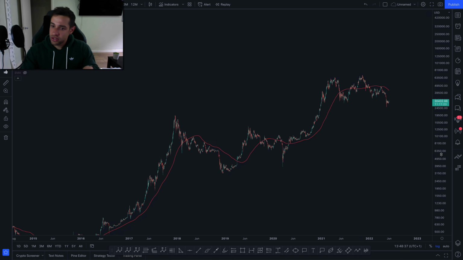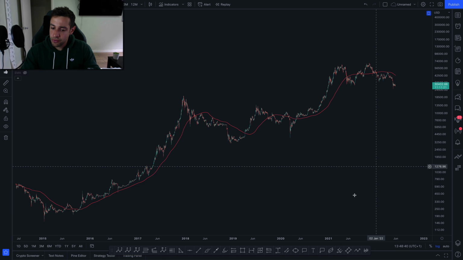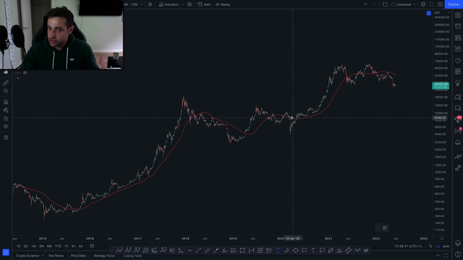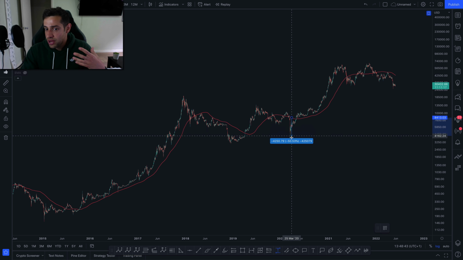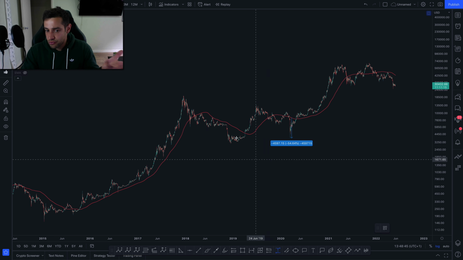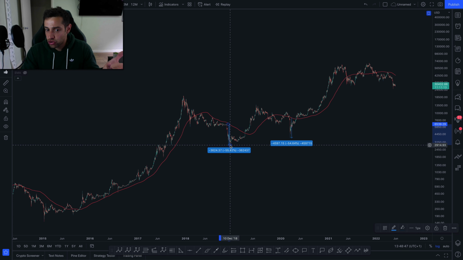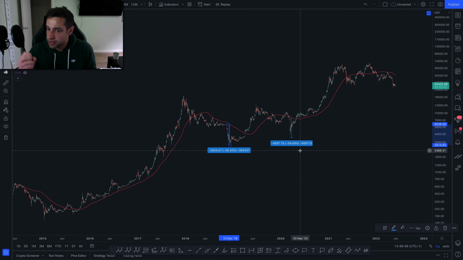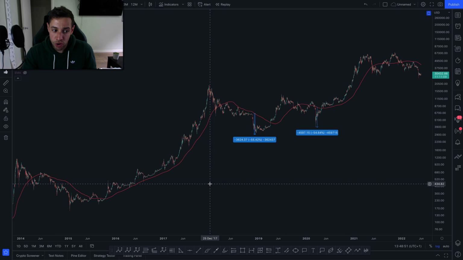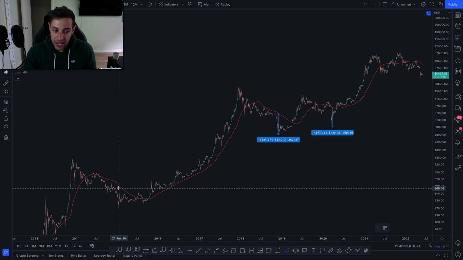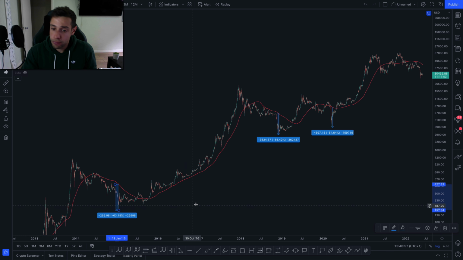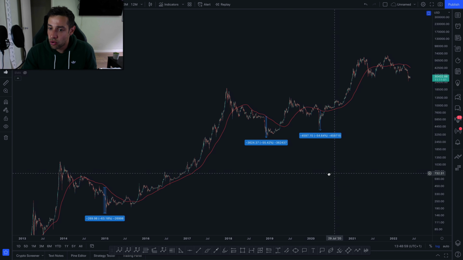What we can see from historical past performance is that whenever we have moved 50%, for example, from our 200-day moving average, it's typically provided an incredibly good buying opportunity for Bitcoin. You can see that this always works and puts the probabilities in your favor.